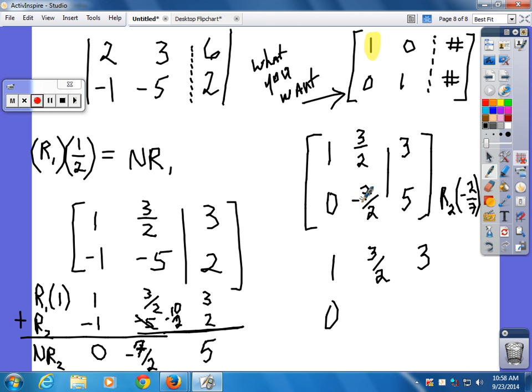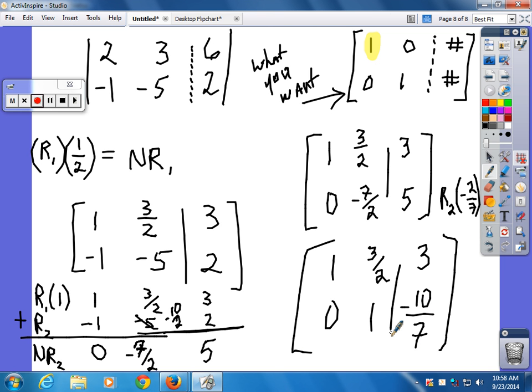What does that make? Negative 7 halves times negative 2 sevenths? 1. And what's 5 times negative 2 sevenths? Y'all recognize any numbers? Y is equal to what? Negative 10 sevenths.